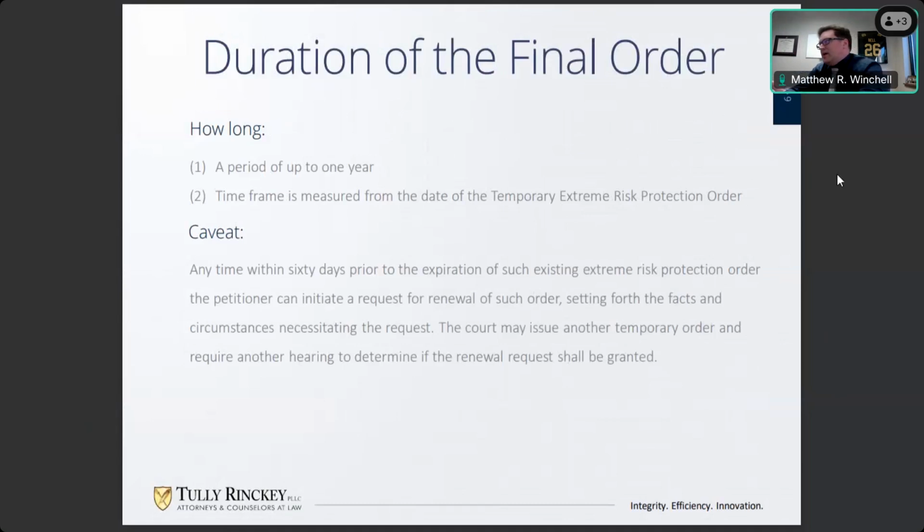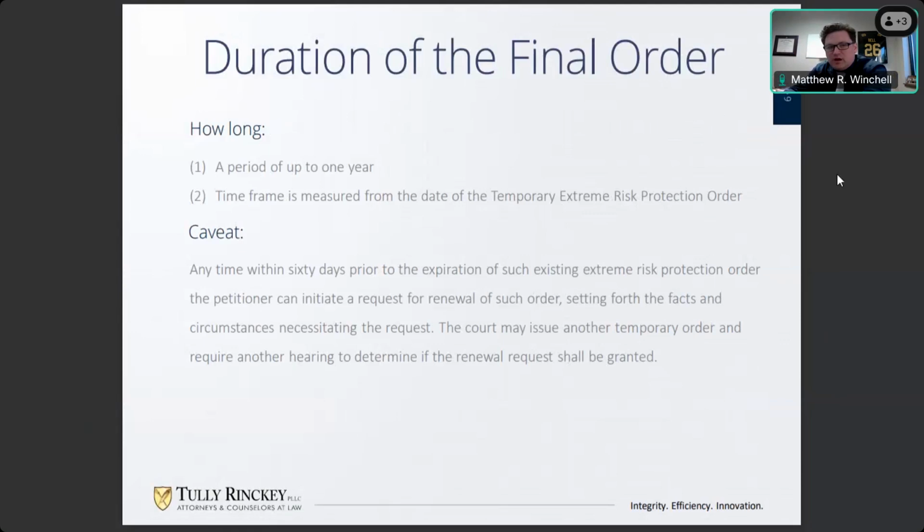So if you're under a final order and say somebody gets 941 again, they have to go back to the mental health hospital for whatever reason, the petitioner can use that to go back to the court, file an additional temporary order, and have another hearing scheduled to extend out that final order.